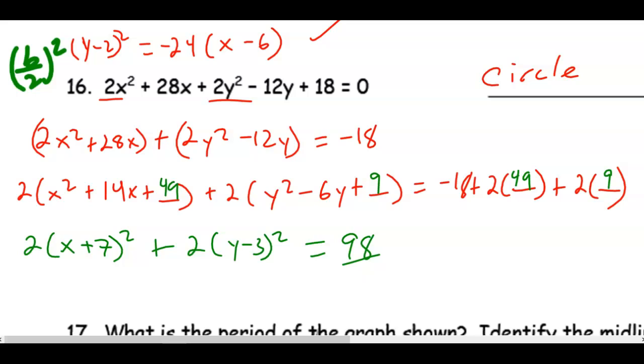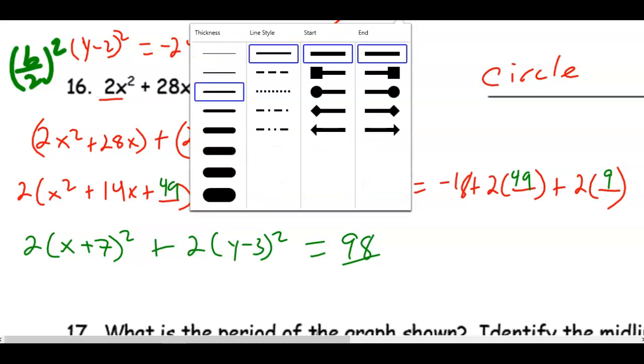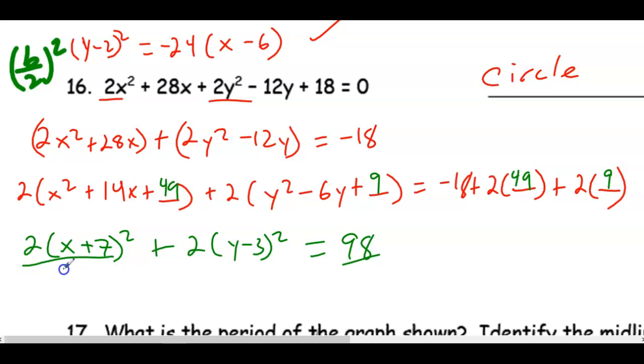That's not what you do with a circle. Because it's a circle, you don't want to have any denominators on this left side. So I'm going to divide both sides by 2. Everything by 2. So that leaves me with x plus 7 squared plus y minus 3 squared equals 49. So there we go. h, k, r squared, really. So r will be 7. There's our equation of a circle right there.